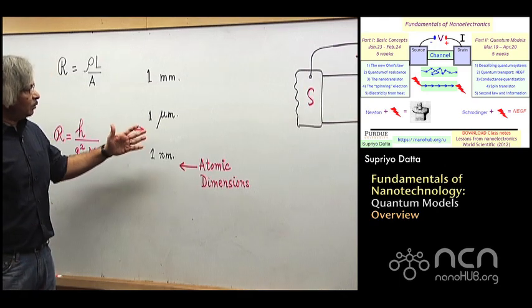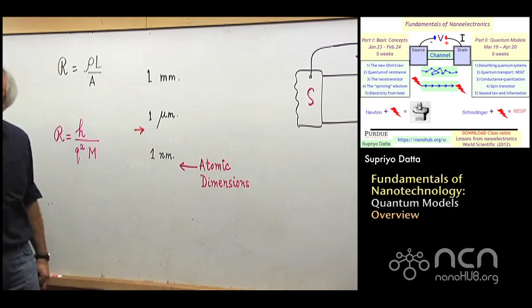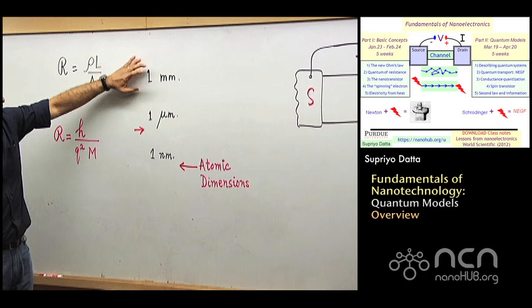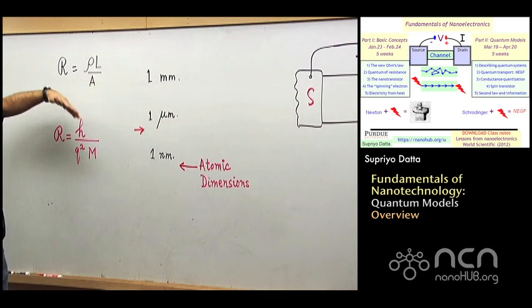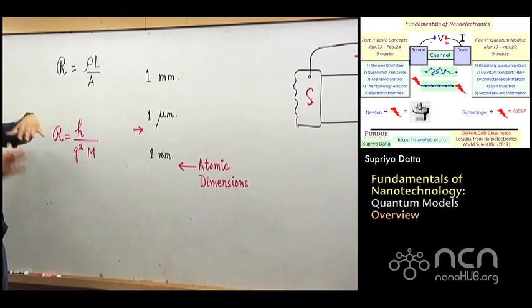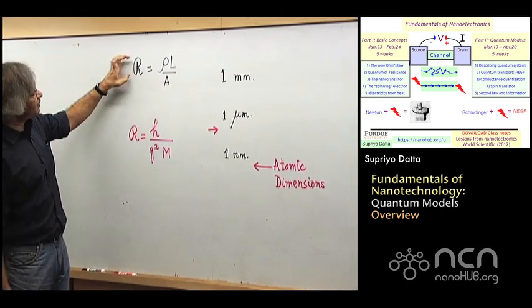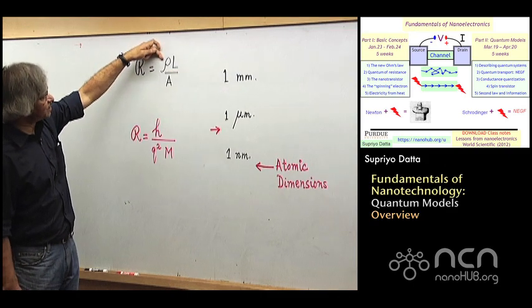Our understanding of current flow, however, is usually based on much bigger resistors. That is, when you start from big resistances, that's where our understanding evolved from. You can write resistance as proportional to the length, with this resistivity.